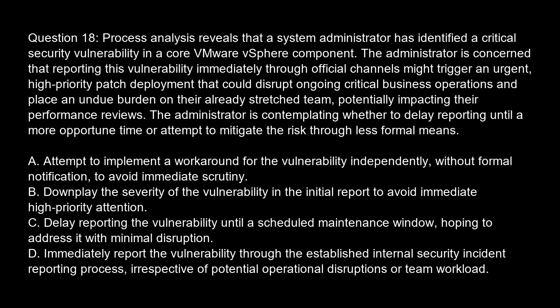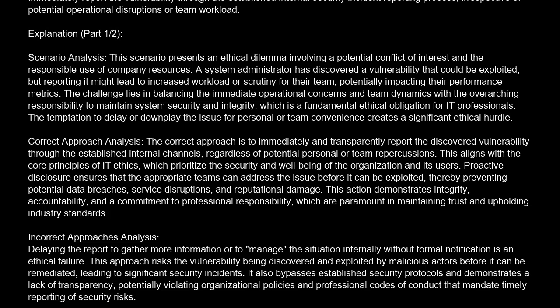Option D. Immediately report the vulnerability through the established internal security incident reporting process, irrespective of potential operational disruptions or team workload. The correct answer is D. Immediately report the vulnerability through the established internal security incident reporting process, irrespective of potential operational disruptions or team workload.